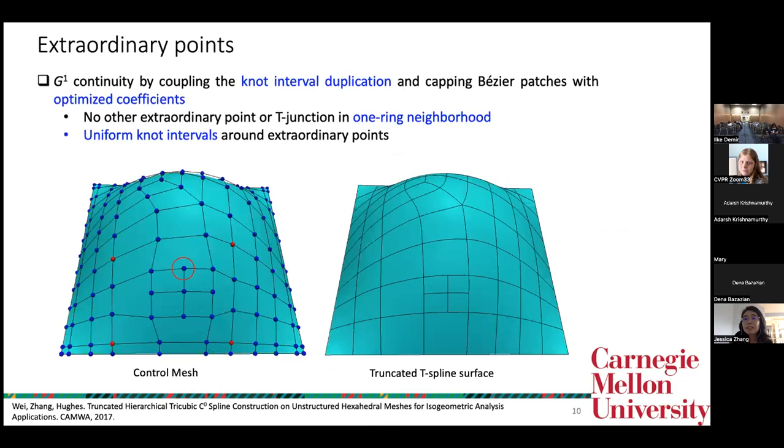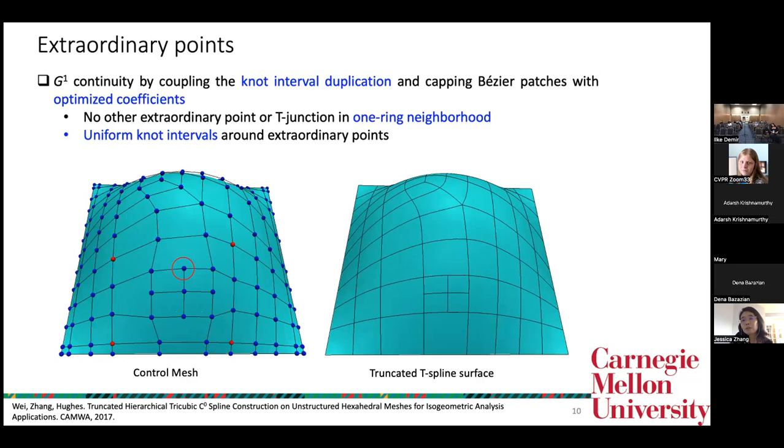Using this idea together with extraordinary nodes, we can handle complex geometry. An extraordinary node is one that has other than 4 elements sharing the node in 2D, which is the parametric space of the quadrilateral tensor product. For this one, we couple node interval duplication and keeping the Bezier patches, with some optimized coefficients, and we can enforce that.